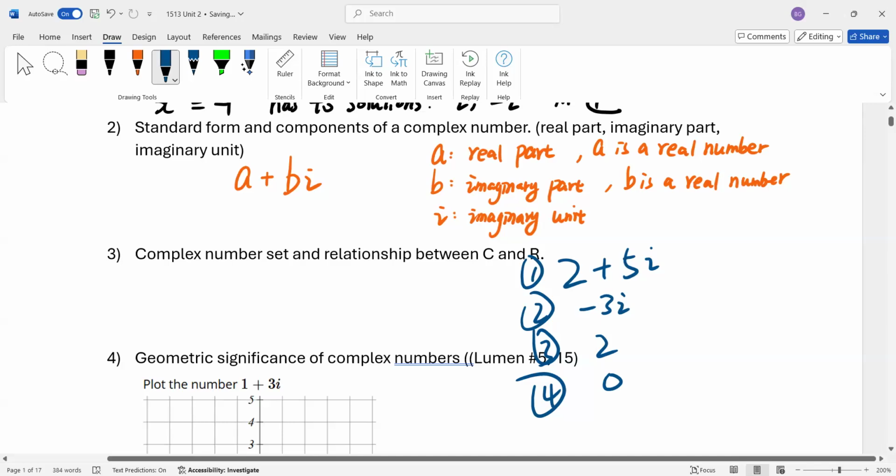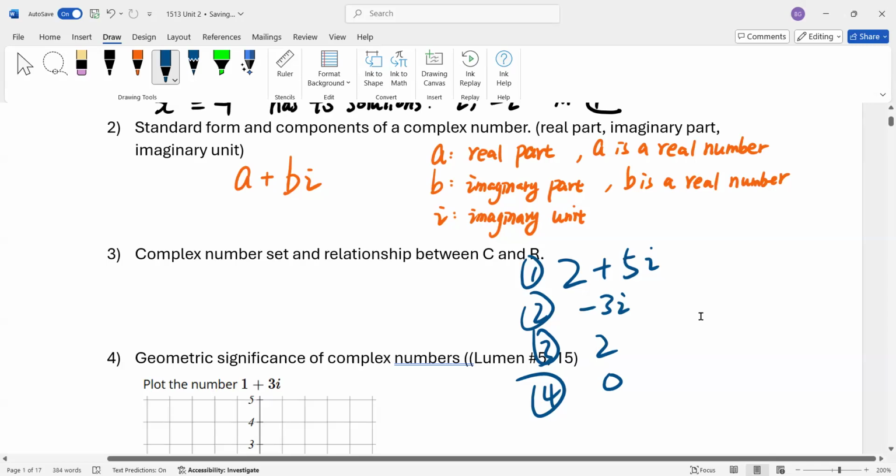Can you tell me what's the real part? 2. Correct. What's the imaginary part? 5. Awesome, very good. The imaginary part is the coefficient of the imaginary unit. We know what a coefficient is, right? The number in front of a variable or something else that they multiply together.